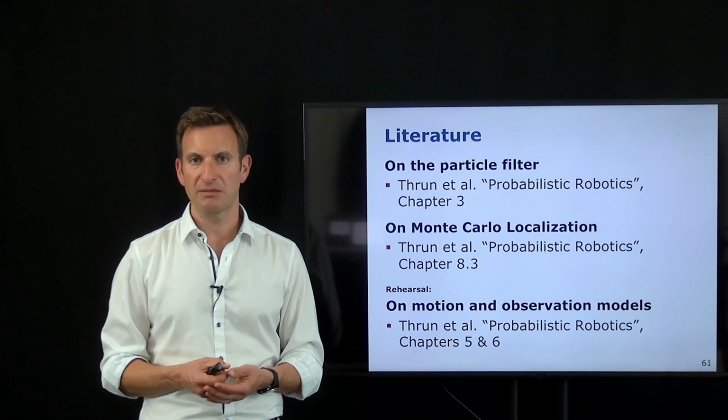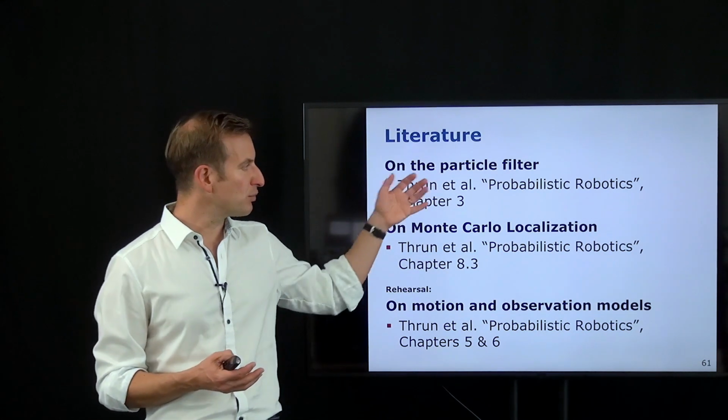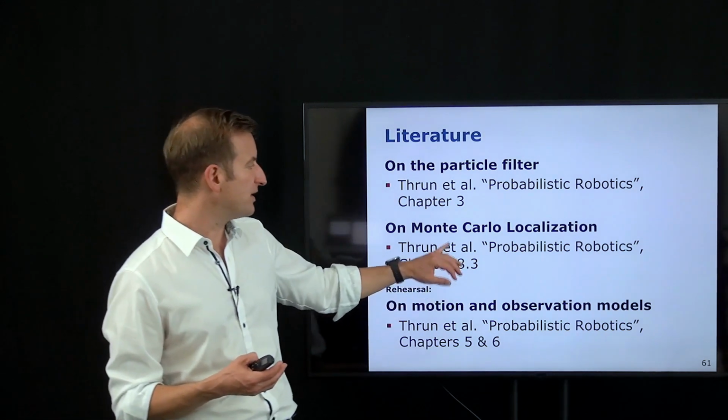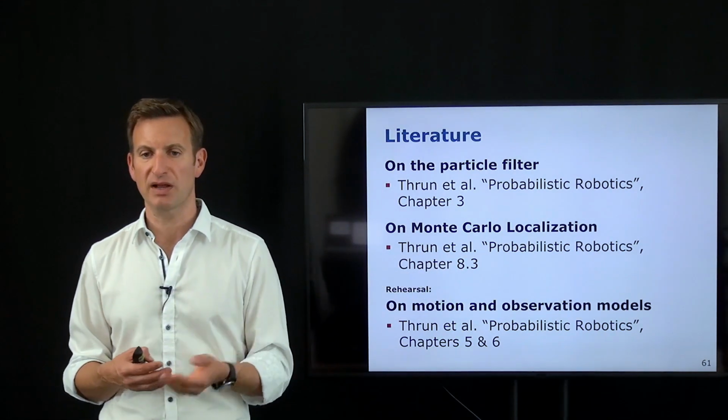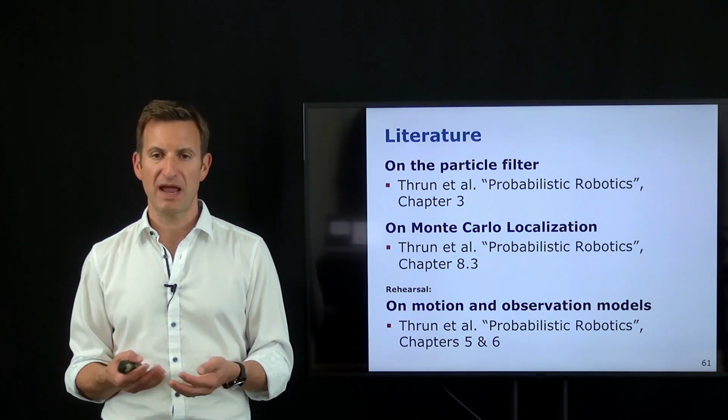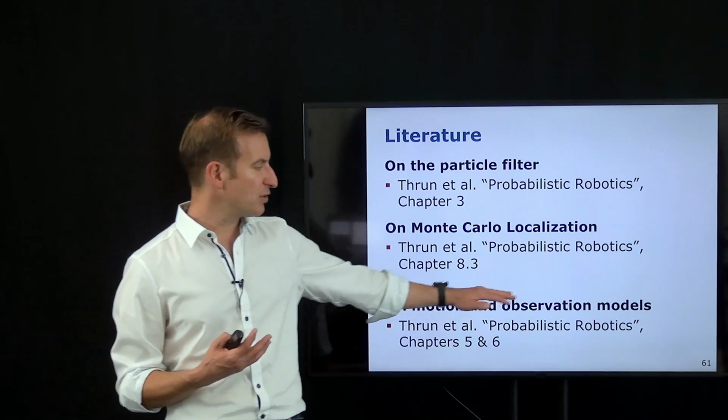If you want to dive a little bit deeper or look into literature, I recommend the Probabilistic Robotics book. Chapter 4 tackles the particle filter, and chapter 8.3 addresses Monte Carlo localization as the realization of the Bayes filter using a particle filter. For that, what you need to know is your motion and your observation model.